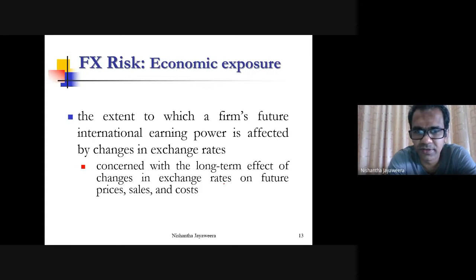Whatever is in your balance sheet. But a transaction is where you have entered into a transaction with a foreign party denominated in foreign currency. Then you have uncertainty: what is the rupee value or the local amount that you will get?